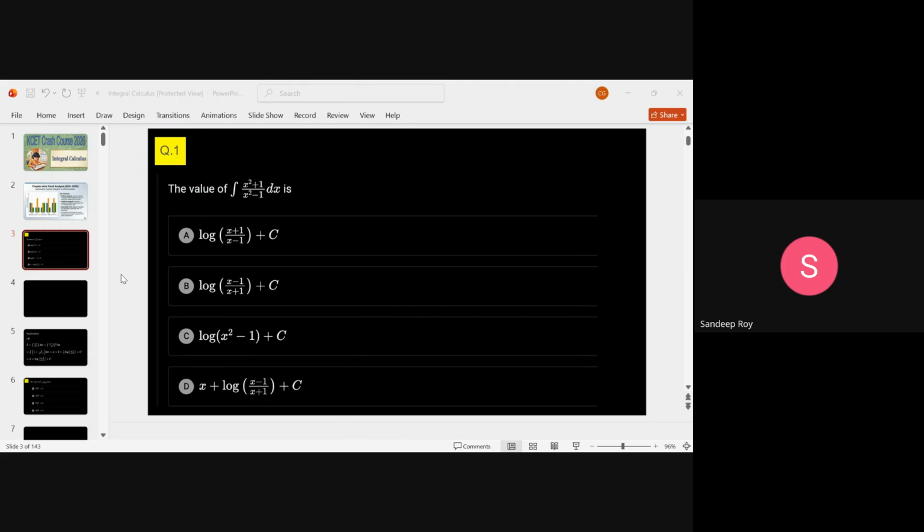So you have to integrate. This is an indefinite integration question. Quickly do it and let me know which option is correct.